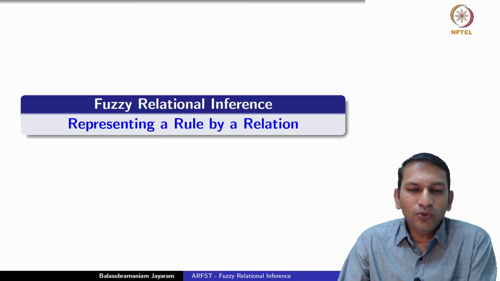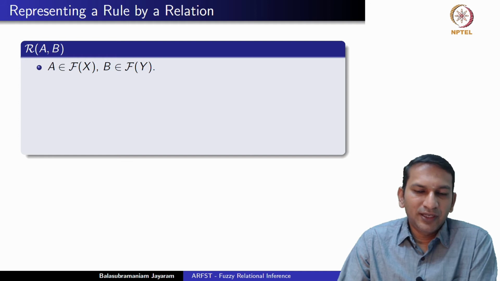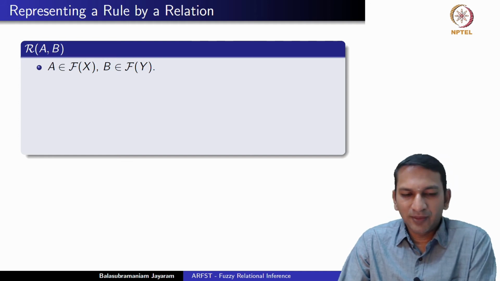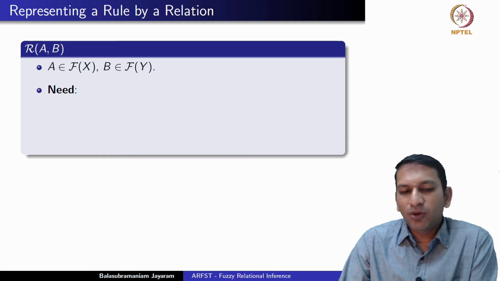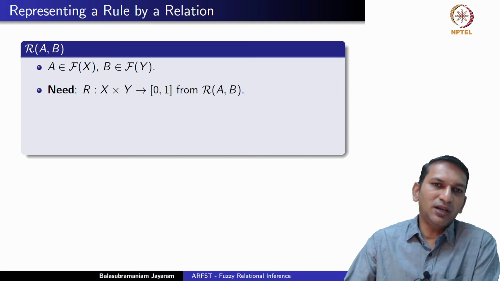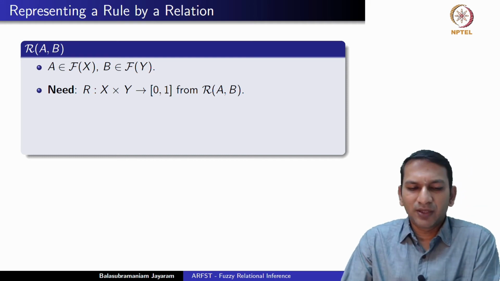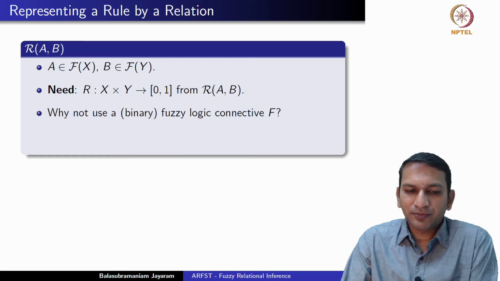Let's look at how we represent a rule by a relation. Note, we denote the rule by R of AB, where A is a fuzzy set on X and B is a fuzzy set on Y. What we need is to build a fuzzy relation on X cross Y, on the Cartesian product of the underlying domains X and Y, from this given rule.